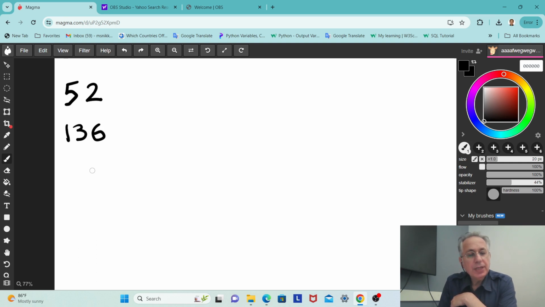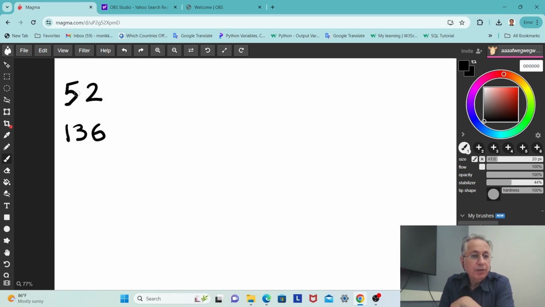What number is a multiple of 3? To recognize if that number is a multiple of 3 or not, you must calculate the summation of digits. For example, about this 52, the summation of digits is 5 plus 2, which is 7. 7 is not a multiple of 3, so that number is not a multiple of 3.